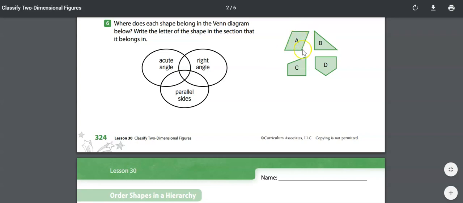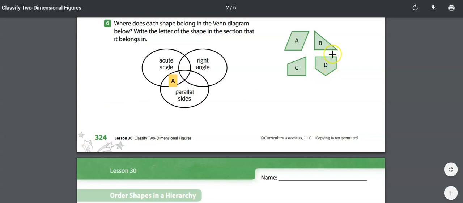So I know that I'm going to place my shape A in this part of my Venn diagram because I have both parallel sides and an acute angle in shape A. And my acute angle and parallel sides Venn diagram, this is where it overlaps. So I will put my shape A right here in this section.